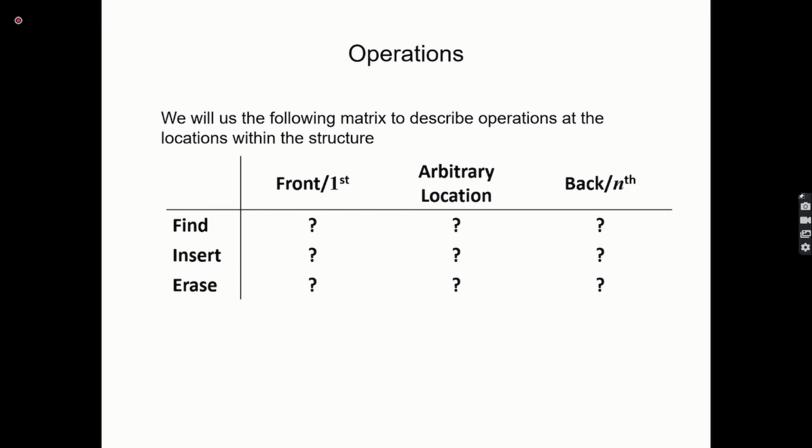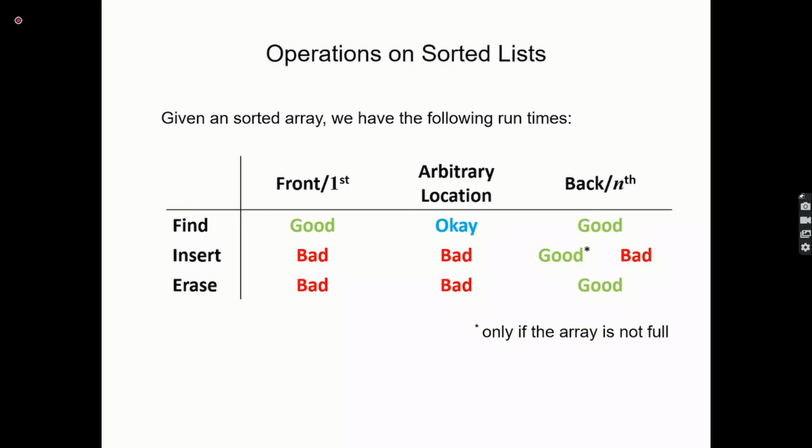Suppose we use the following matrix to describe the operations and the location within the structure, right? What happens if we find at first, at an arbitrary location, or at the nth position? What happens whether we insert an element or delete it? If we take the sorted list, if the list is already sorted in increasing order, maybe decreasing order, then what will the running time be?